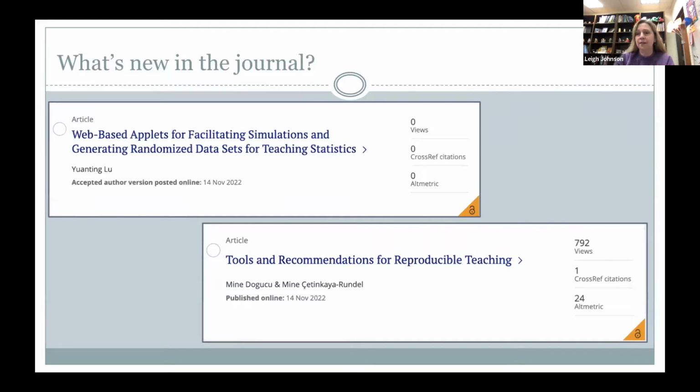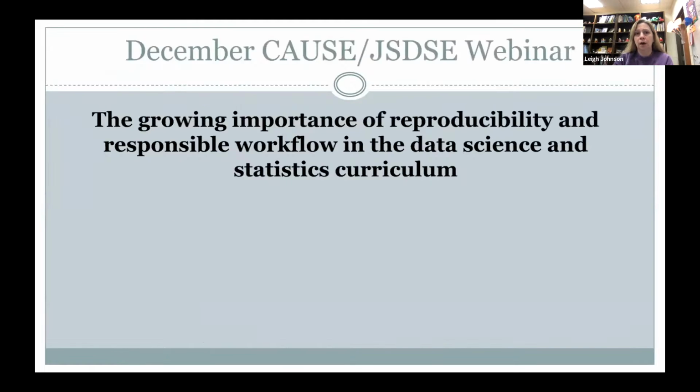But that leads in very nicely to our webinar that's coming up in December. According to our editor-in-chief, there's going to be a special issue on reproducibility and responsible workflow coming out. I apologize. I think the link that was sent out with the announcement is not working yet, but it should be soon.